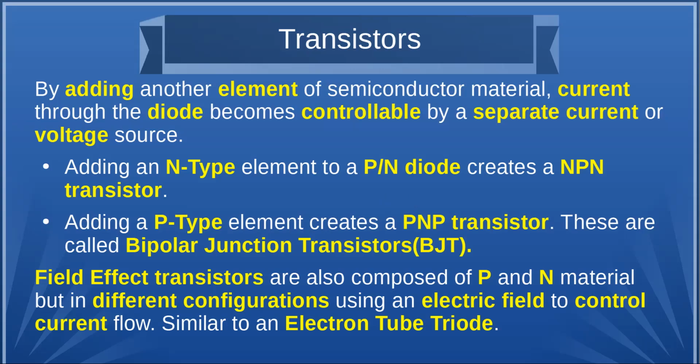You apply a voltage which creates an electric field, and it controls the current between, and we now call these source and drain, because they recognize that electrons are actually moving opposite to current flow. So what would be the emitter equivalent on a field effect transistor becomes the source, and that's the source for the electrons. And the drain is where you pull the electrons out or inject holes, depending on how you want to look at it.